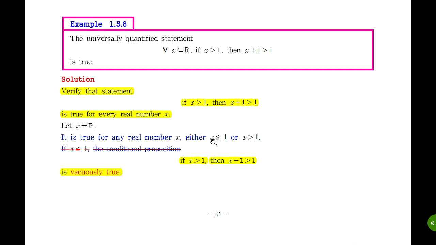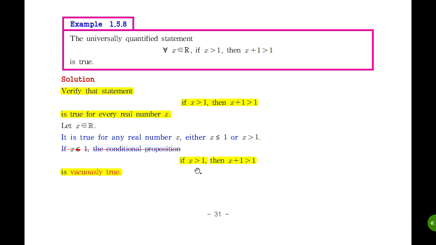When x is less than or equal to 1, what about this statement? If x is bigger than 1, then such and such. Here x is less than or equal to 1, and also x is bigger than 1, so there is no such x.